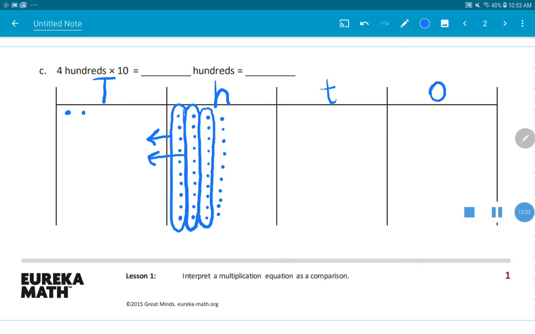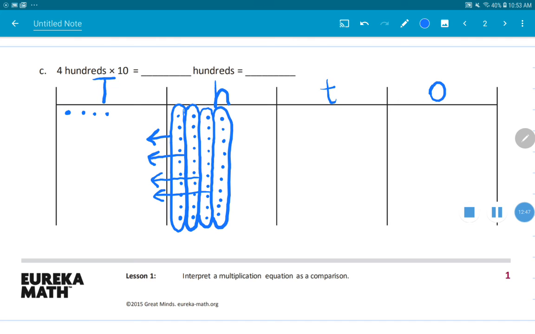Exactly. And 1,000 is 10 times bigger than 100. So I've got my 4 thousands moved over.